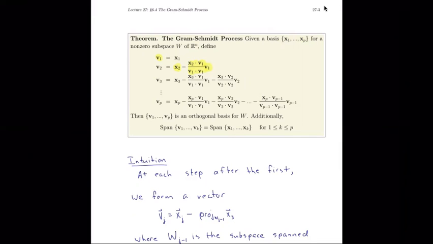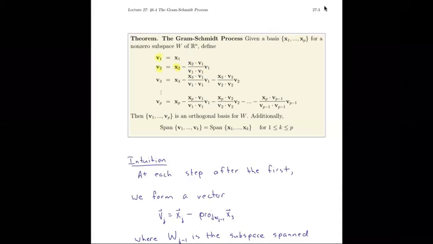Now, again, as noted before, v2 is a linear combination of x2 and v1, and v1 is x1. So it's a linear combination of x1 and x2. So v2 is in the span of x1, x2 from up here. And then a little bit harder to see, x2 is in the span of v1 and v2.